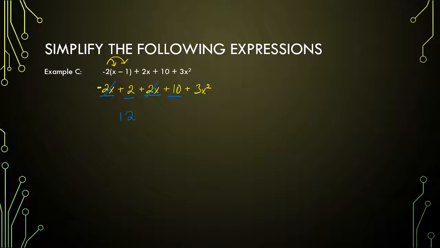And 3x squared we bring down. 12 plus 3x squared would be an acceptable answer, but to write this in standard form, my highest exponent will come first. 3x squared plus 12.